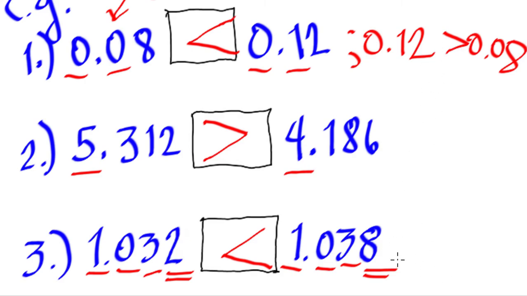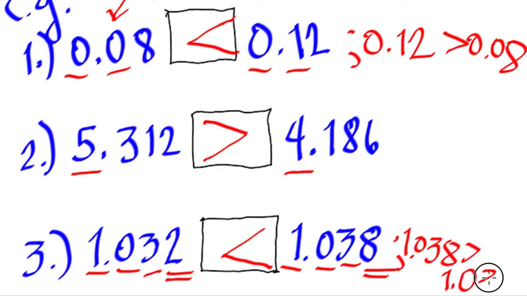If you want to write the 1.038 first, then we can say that 1.038 is greater than 1.032. That's our answer if it's written this way.